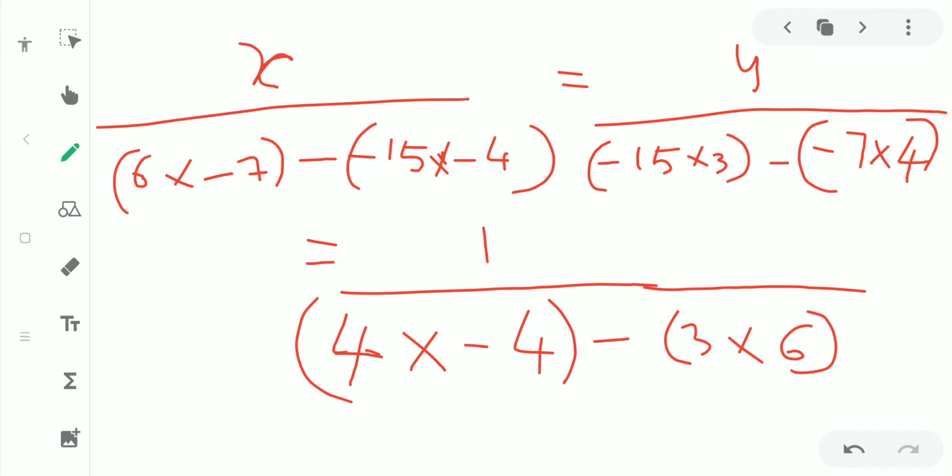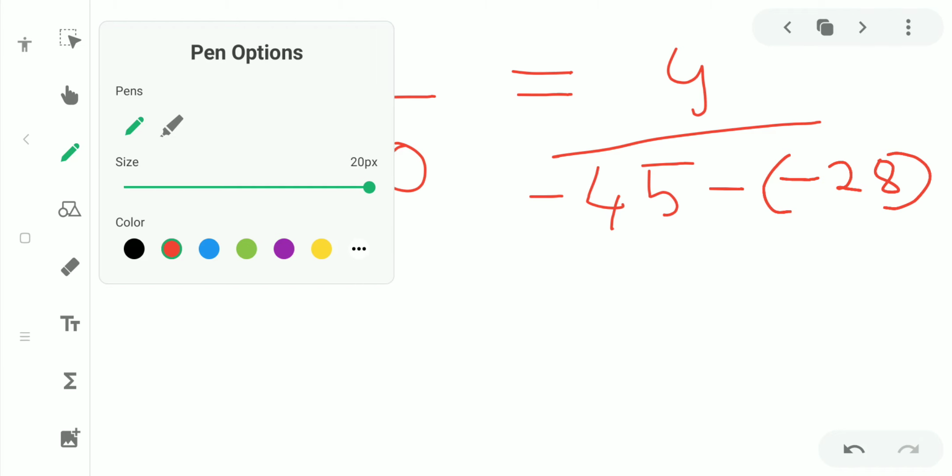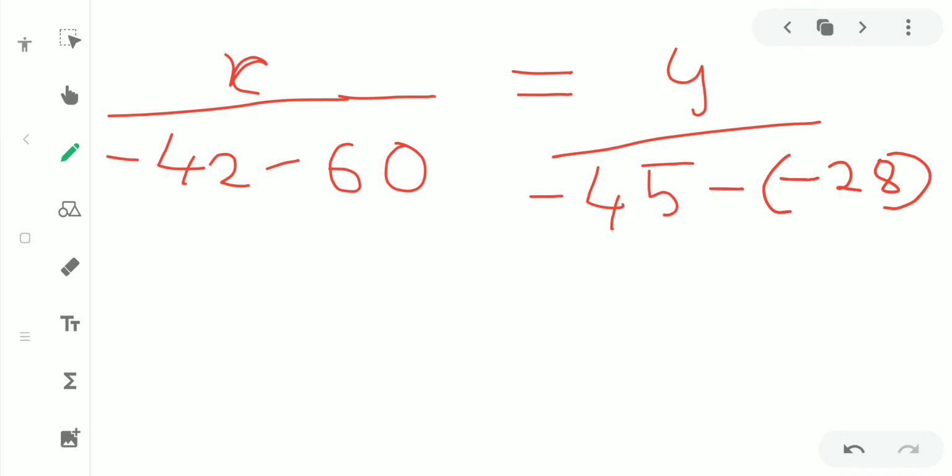And next is minus of minus 7 into 4. So minus minus results in plus. Minus of minus 28, where minus and minus results in plus.